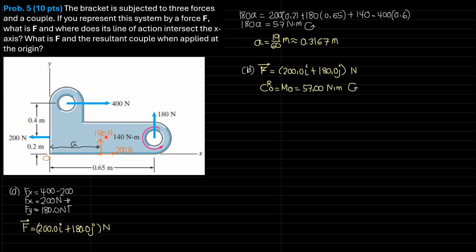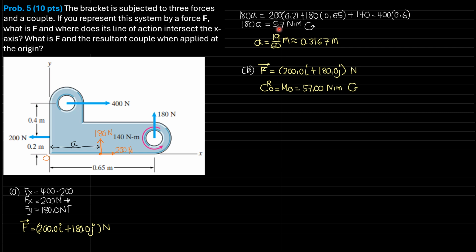So the moment of the resultant is 180 times A counterclockwise, and the sum of the moments of its components would be, beginning with the 200 newton force, which is counterclockwise, 200 times 0.2, plus 180 times 0.65, plus this counterclockwise couple of 140 newton meter, then minus the moment of the 400 newton force, 400 times 0.6, that is 0.4 plus 0.2.